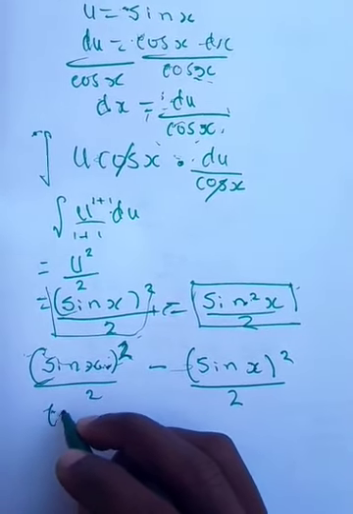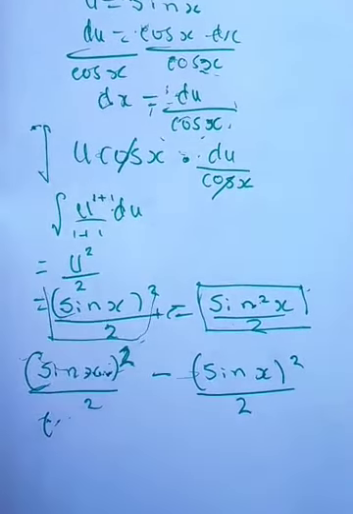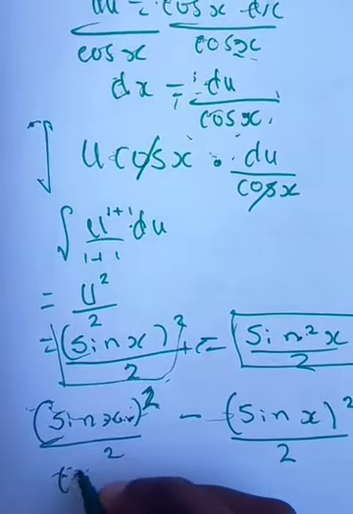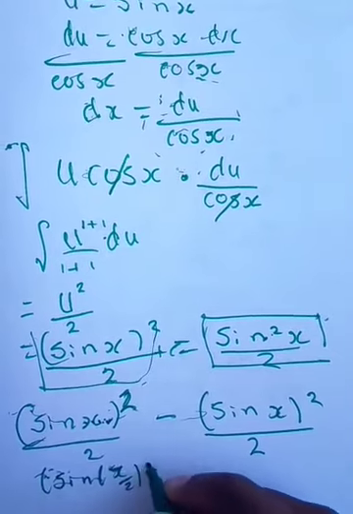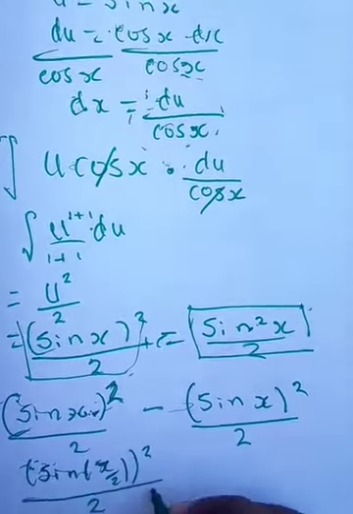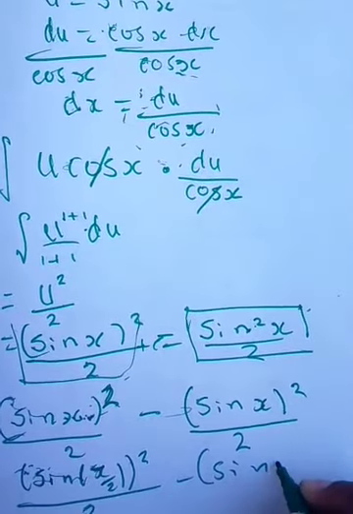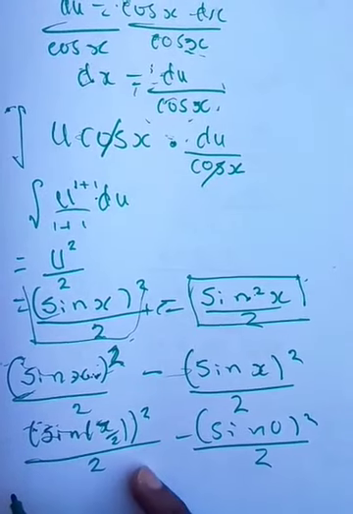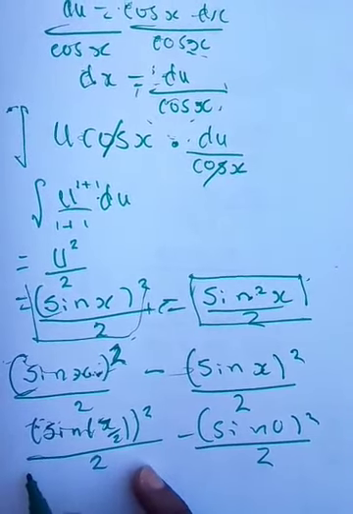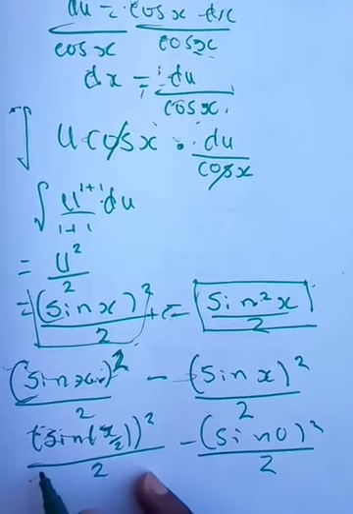So right now your job is to just simplify. Sine of pi over 2, power 2, over 2 minus sine 0, power 2, over 2. Okay, so now let's just simplify.